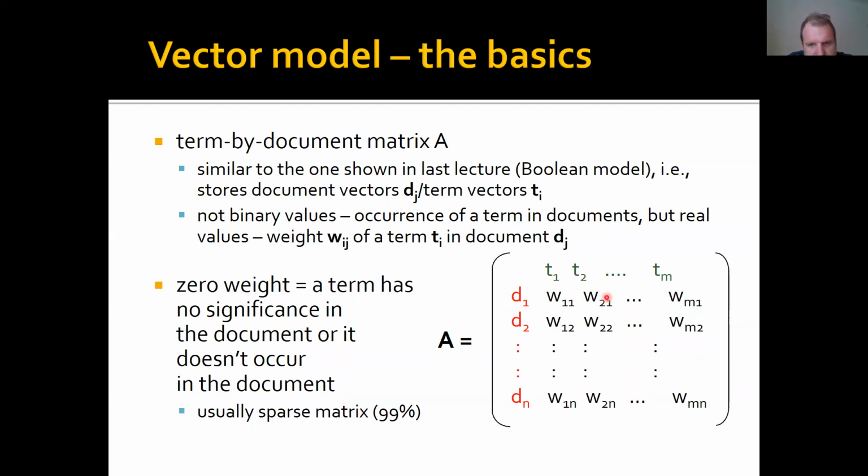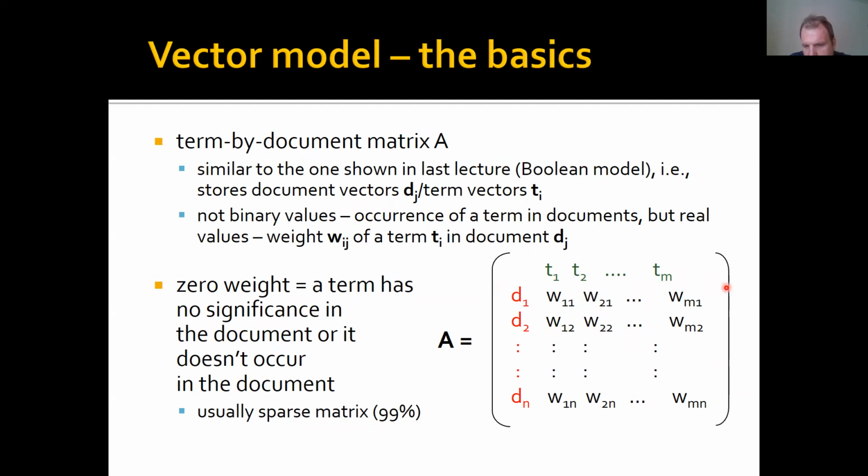The term by document matrix we already had in the Boolean model is the same, but instead of binary values, here we have real values. That's the weight. Basically, it's the same as in the extended Boolean model. In the extended Boolean model, we also extended the ones and zeros to real numbers. So it's the same, and it also holds that the matrix is very sparse because there are not many terms per document compared to the dimensions.